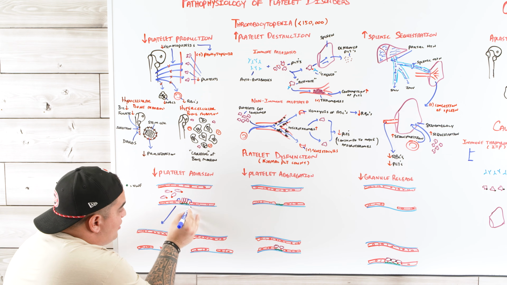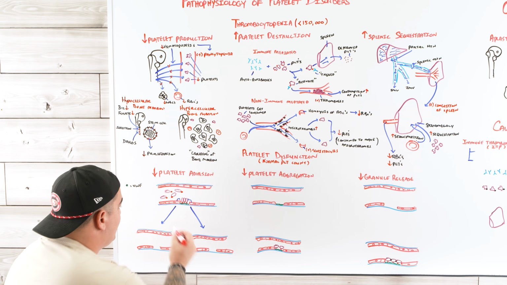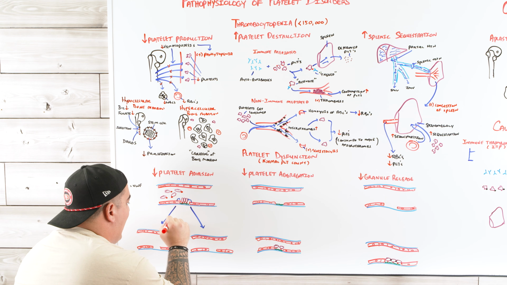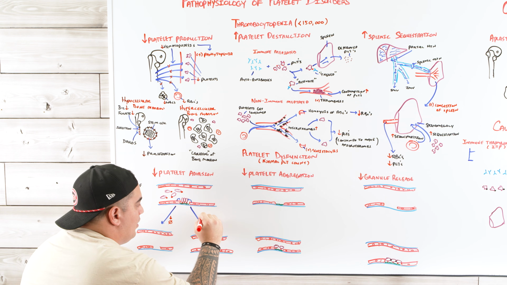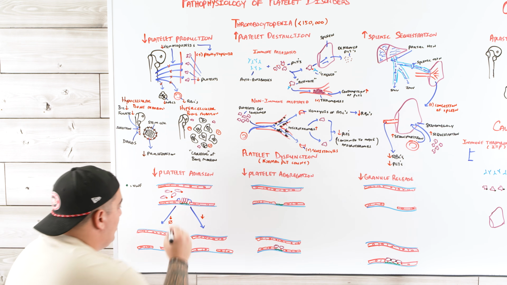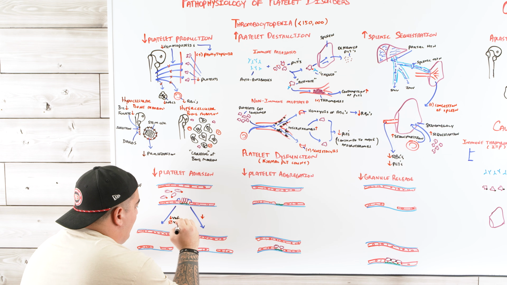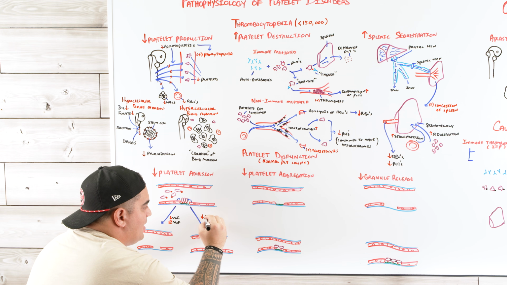Or what if the patient doesn't have the GP1B? So if you have a scenario where you have decreased or absent von Willebrand factor or decreased GP1B activity, this can cause bleeding.